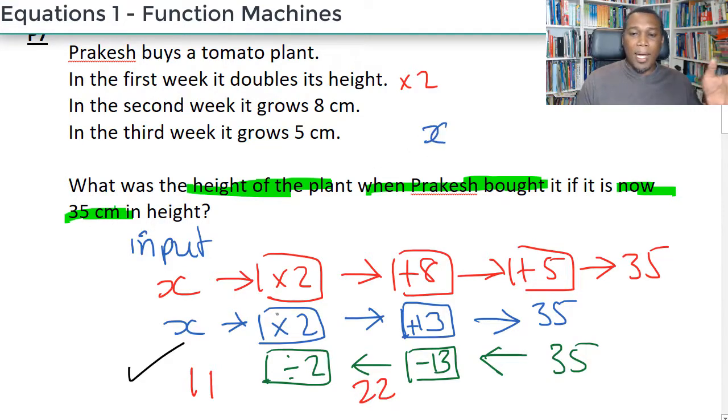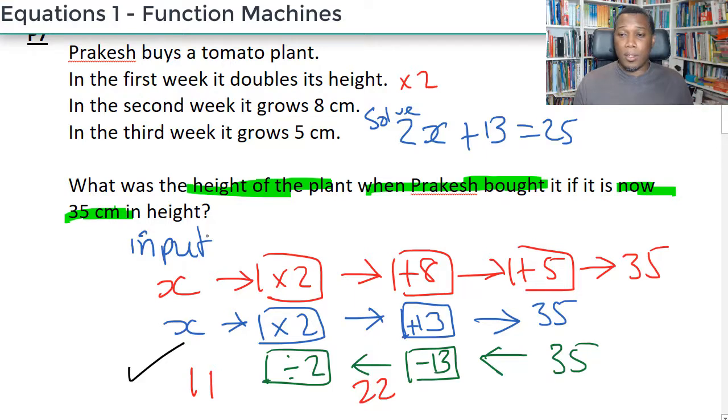It was multiplied by 2, so that's 2x. And then I added 13, and as a result of doing that, I got 35. That's the equation you were solving. You just solved 2x plus 13 equals 35. I said 35, but I wrote down 25. You just solved 2x plus 13 is equal to 35.